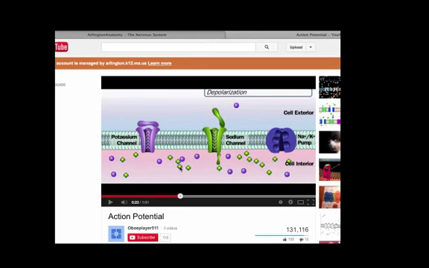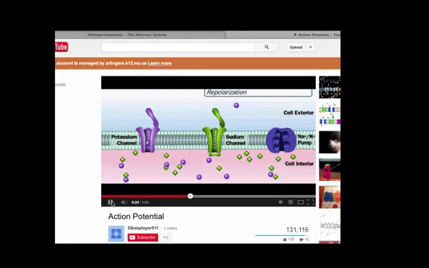Keep in mind that these little sodium guys are positive, so as they're rushing in, they're neutralizing this inner area. That's going to be called depolarization because we are going from a polarized membrane where there's a big difference in charge to a less polarized membrane where the charges are evening out a little bit.